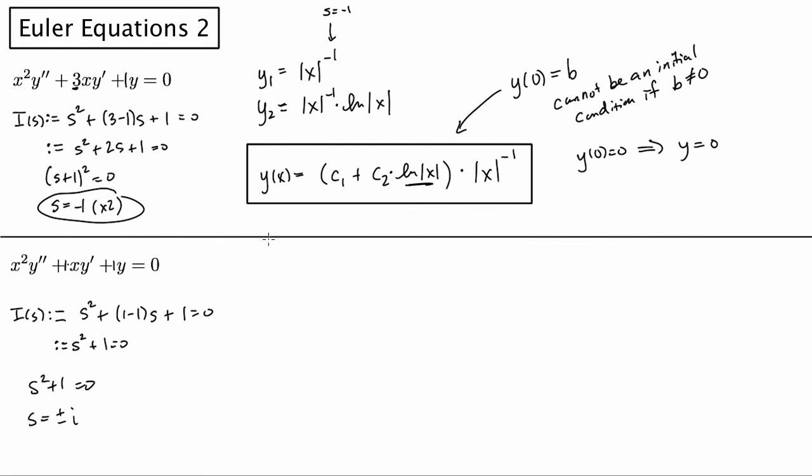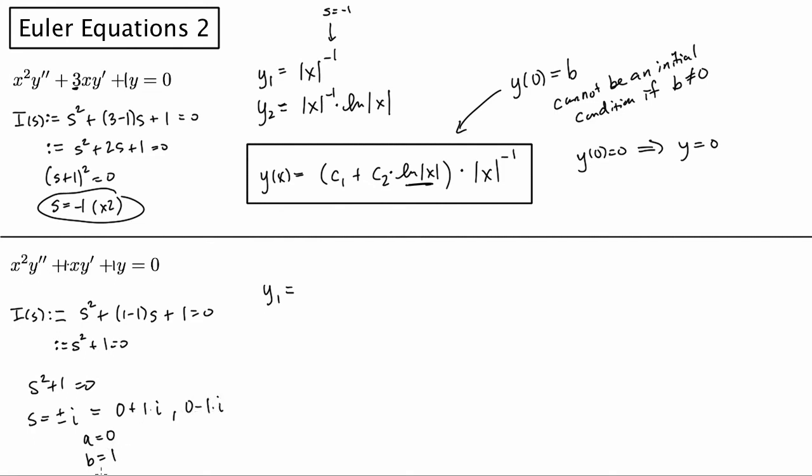But we just have to be very careful about any initial condition that involves y at 0 for this particular problem. All right, the bottom one is very similar because we're in the complex case. Then the real part is 0, and the imaginary part is 1. Remember, this is the same thing as 0 plus 1 times i, 0 minus 1 times i.